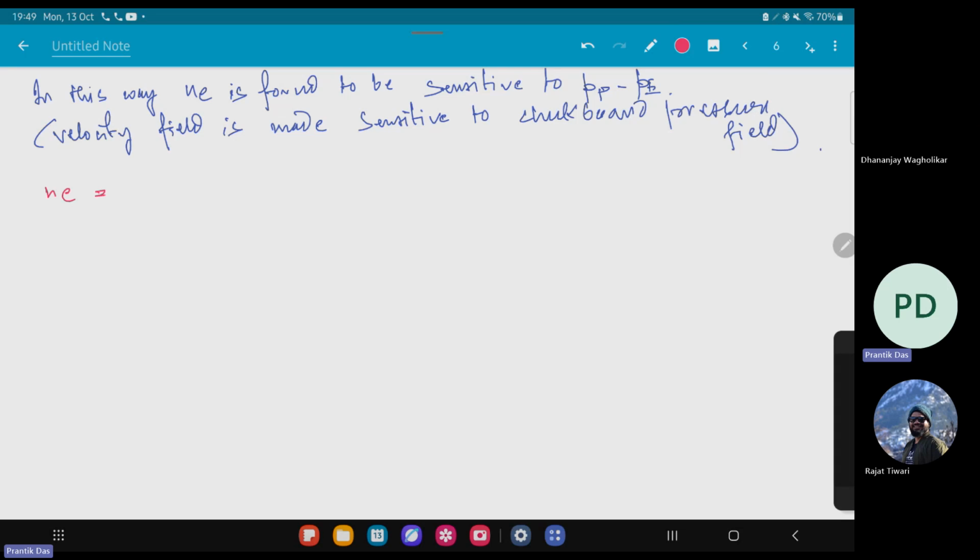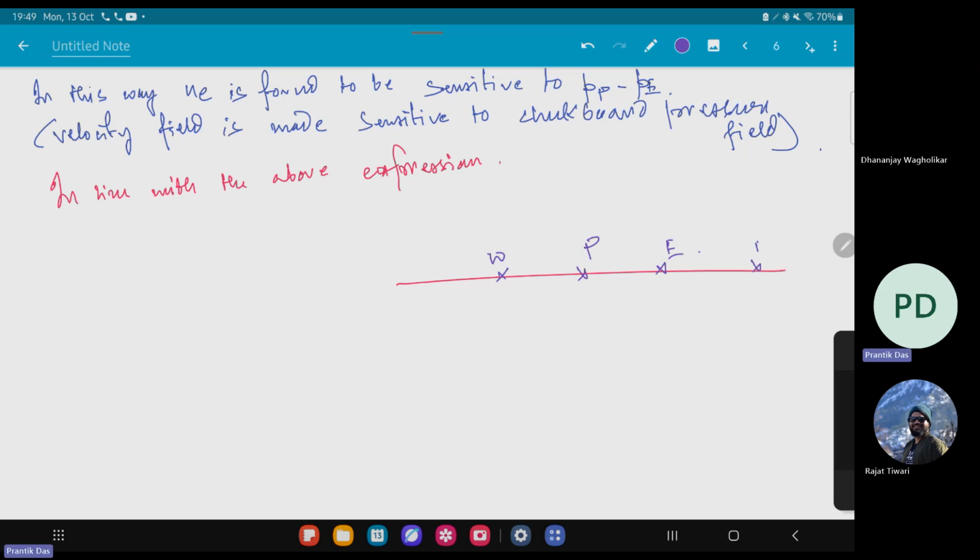And this EV is basically equal to UP plus EV divided by 2 minus of 1/4. That I've already written. I don't have to write it again. So in line with the above expression, if I draw the control volume diagram again, this one is along the axis, this one is P, this one is E, this one is W, this one is EE, and this one is WW.